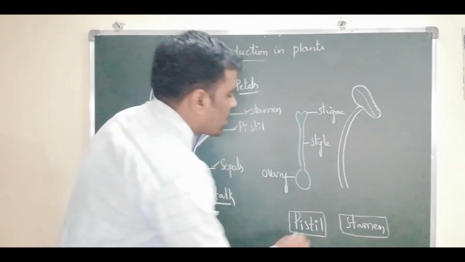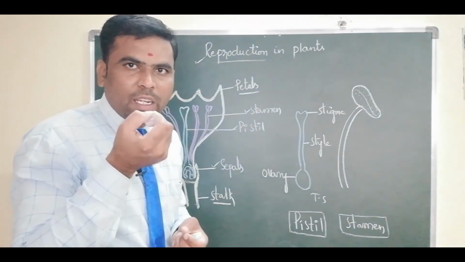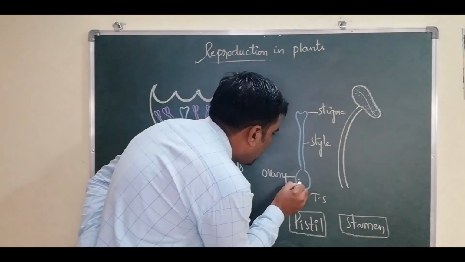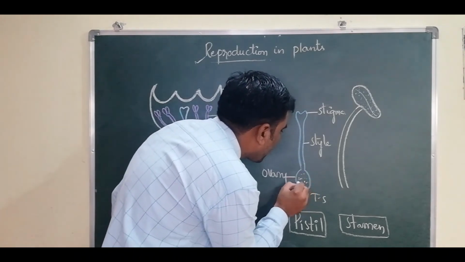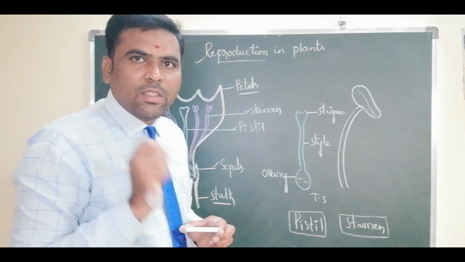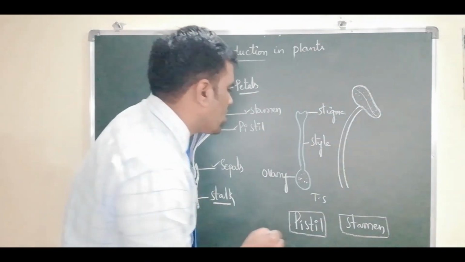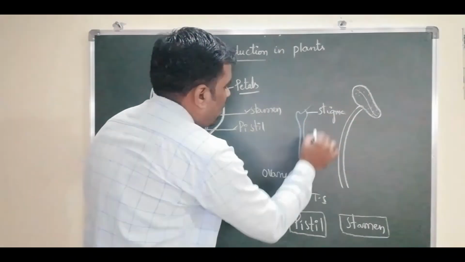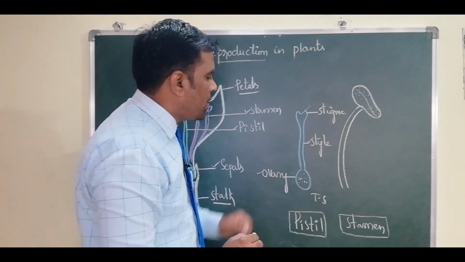If we cut a transverse section of the ovary and observe it under the microscope, we can see the ovules. Inside the ovary there are a number of ovules. Some flowers have one ovule, some have two. The pistil has stigma, style and ovary. These are the three parts we can see in the pistil.